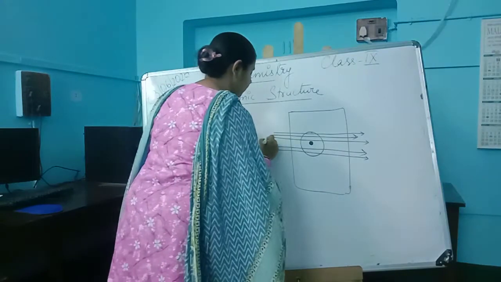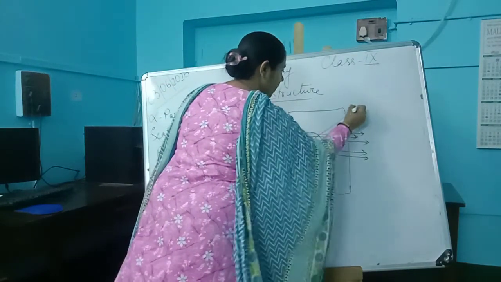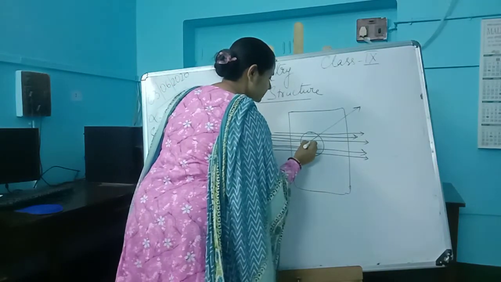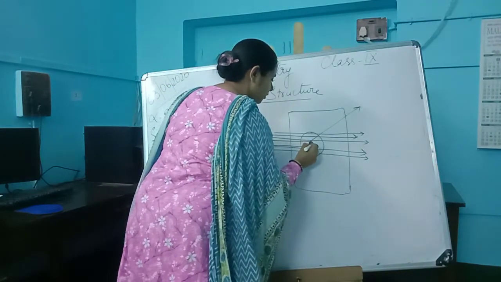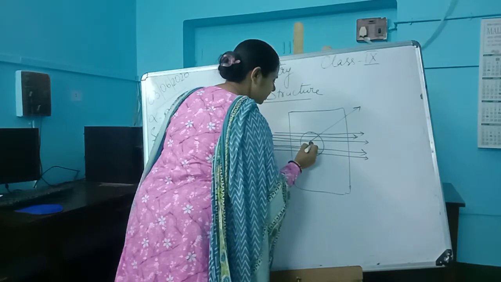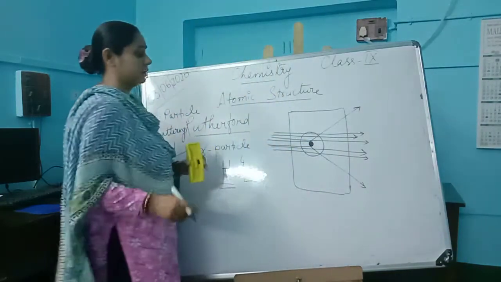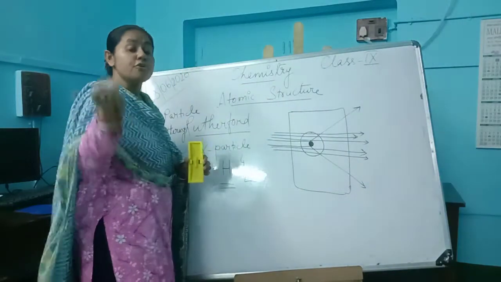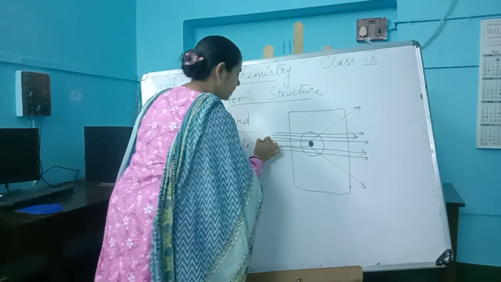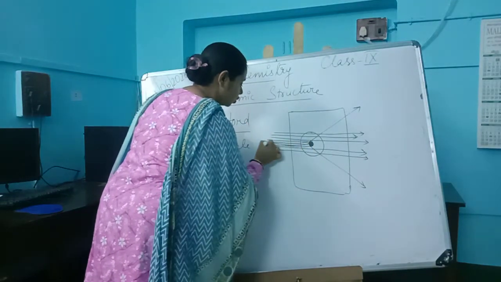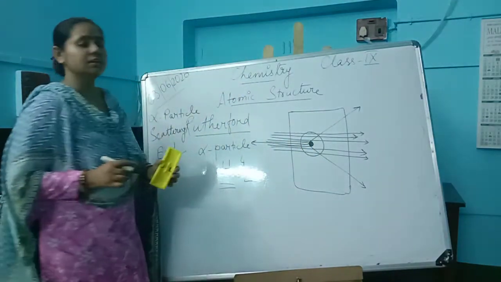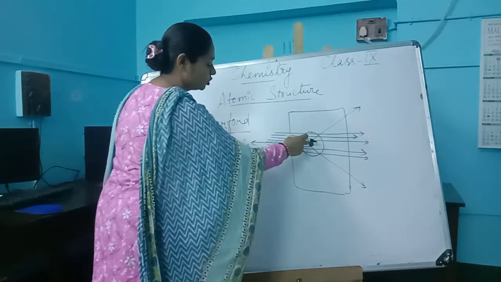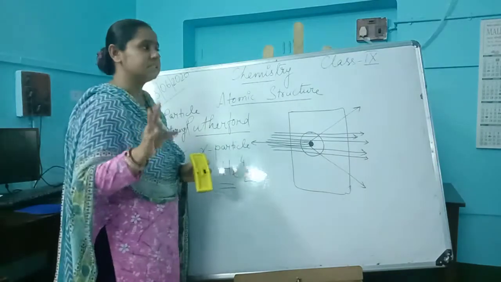Some of the alpha rays got deflected into different directions. And remember the word very carefully, very few of the alpha rays got rotated through 180 degrees.